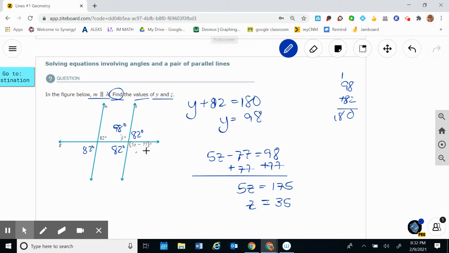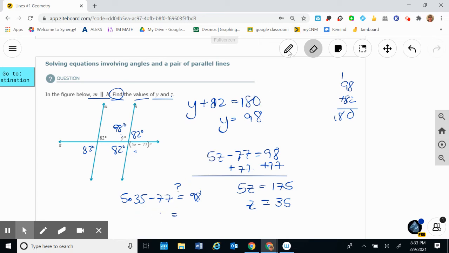Okay. If you wanted to check it out, you could check it out. Is 5 times 35 minus 77 equal to 98? It's supposed to be 98, right? 98. My bad. Is that equal to 98? This is the check. Well, no, on the check we can't add. What am I talking about?